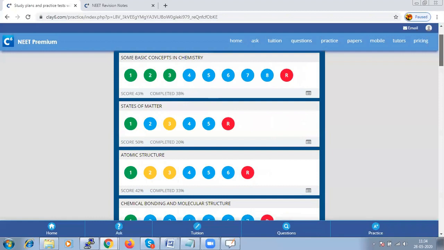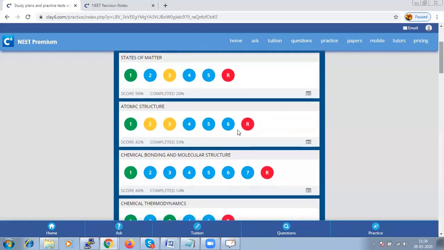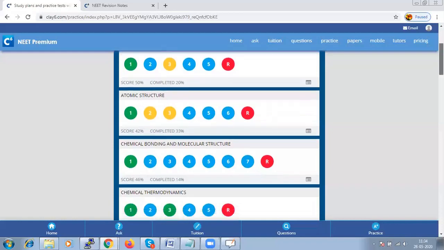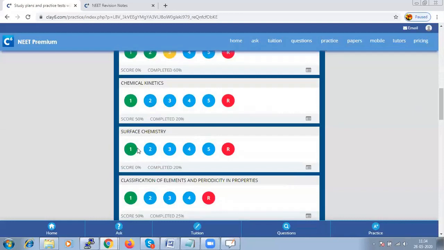Yellow says that it is in progress, that is, we have not completed the test. Blue is yet to be taken, and R is a random test if we need additional practice from that particular chapter. So let us try taking a test from surface chemistry.